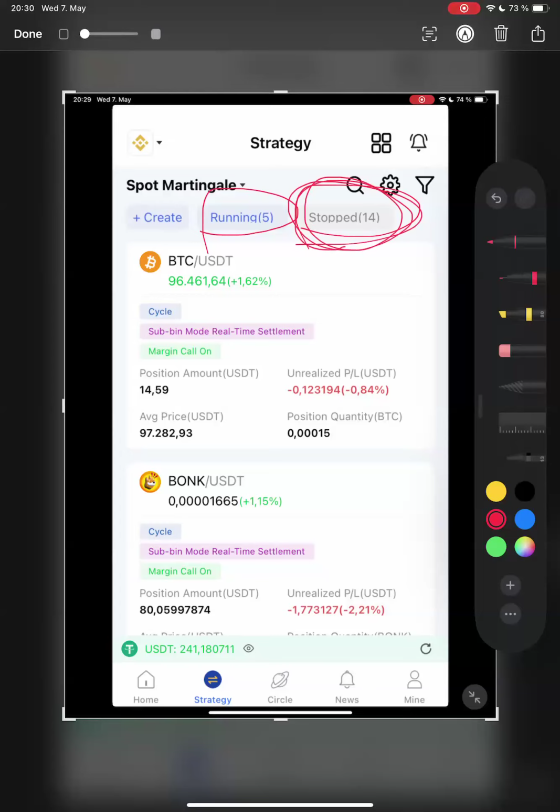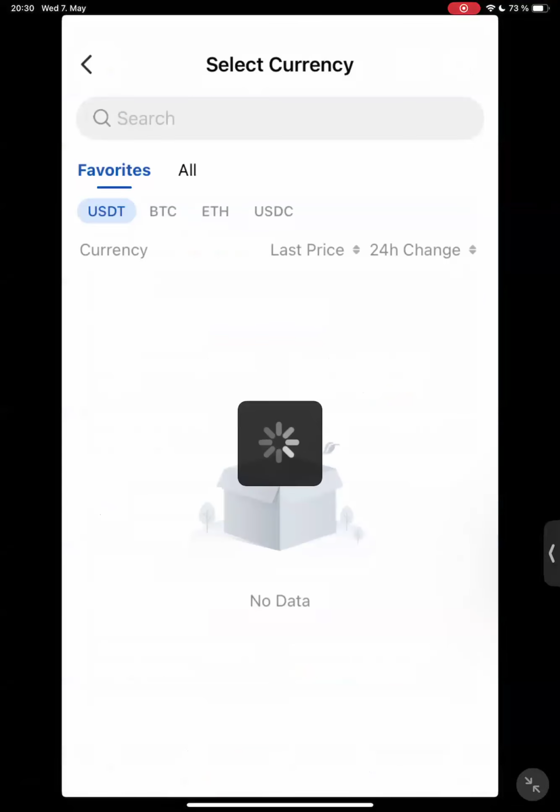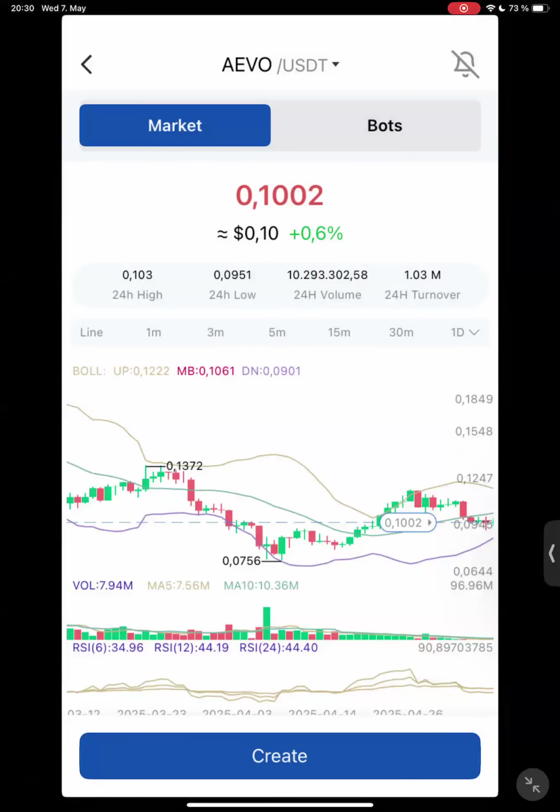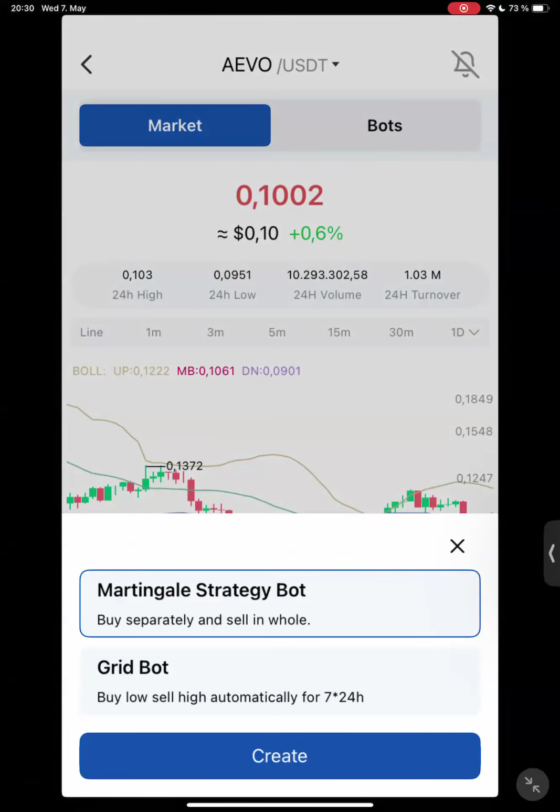Now, if you want to create a new coin or start a new coin, you can simply tap on the create button or also simply tap on the search button to search for the coin, because once you tap on create, it sends you to the search. So you can simply tap on the shortcut and search for the coin, tap on it, then I understand, then create. We always trade on the martingale strategy board, not the grid board.